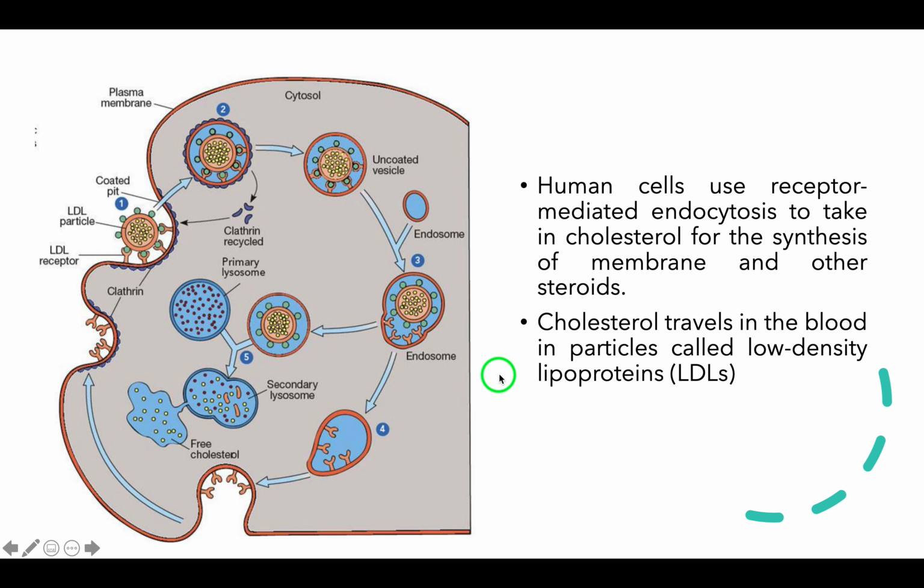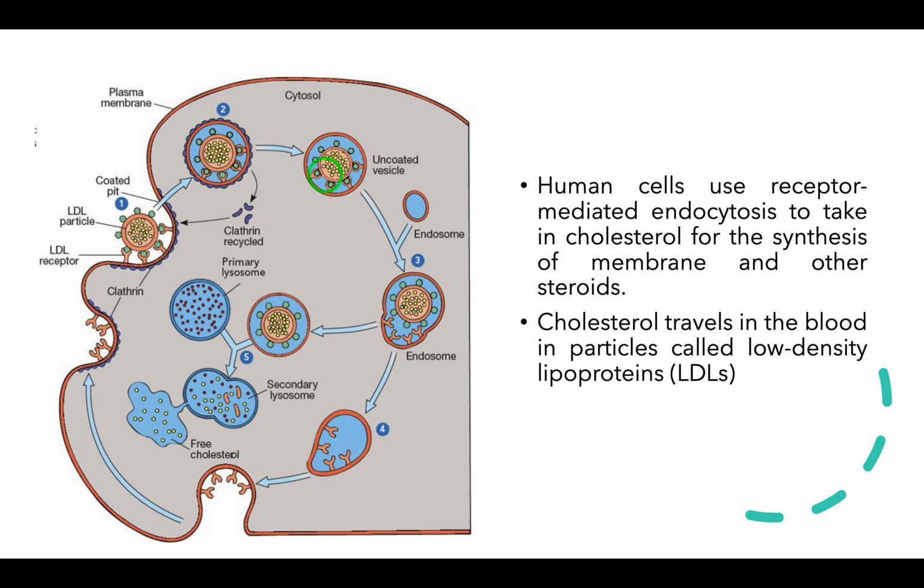As an example, we have here LDL, also known as the bad cholesterol, due to the risk for heart disease and stroke. This cholesterol attaches to the receptors in coated pits of the plasma membrane. Next, a vesicle is formed inside the cell containing the LDL.